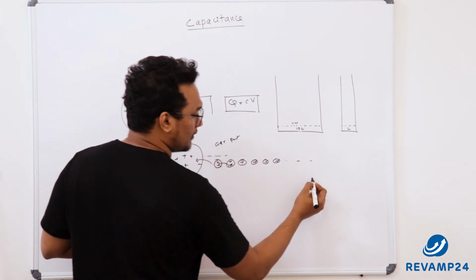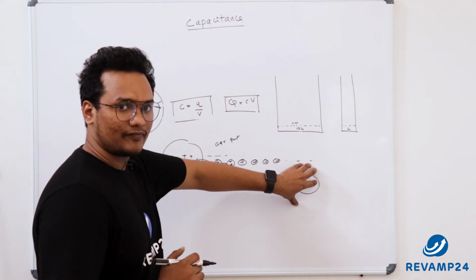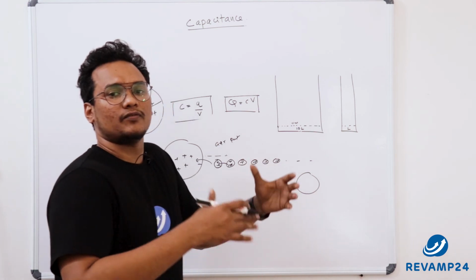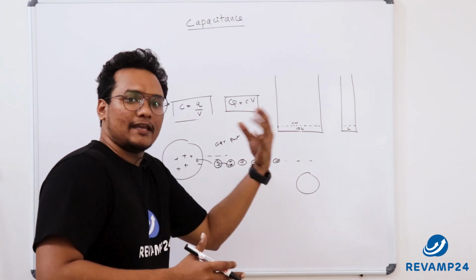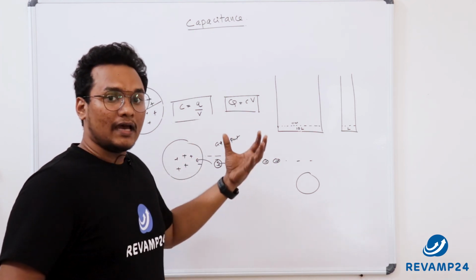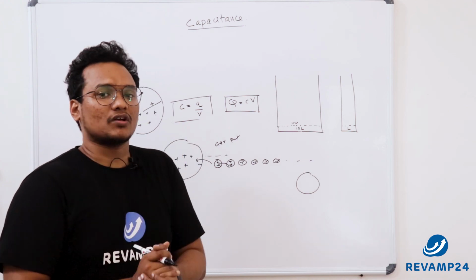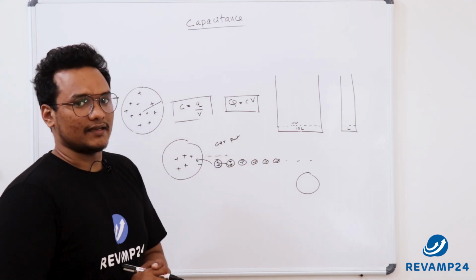When we keep our metallic sphere in air, it will have a certain capacitance. When we keep it in a different substance, for example inside water, it will have a different capacitance. Inside oil, it will have a different capacitance. So capacitance depends on the dielectric strength of the medium that surrounds the material. Thank you.